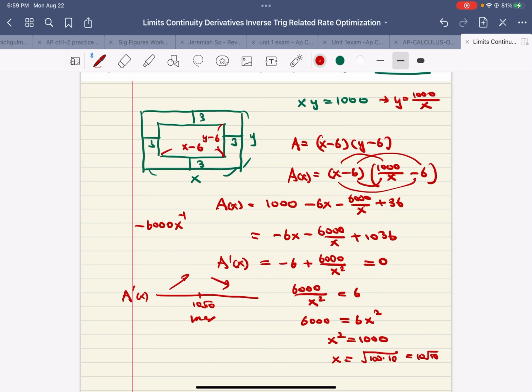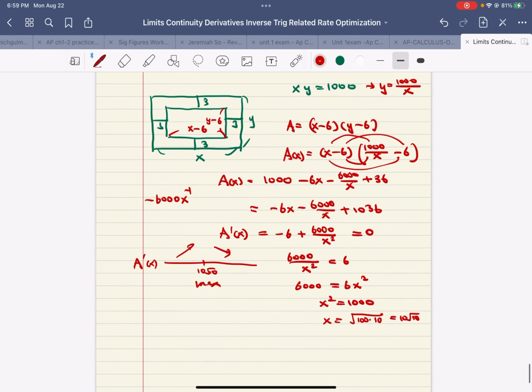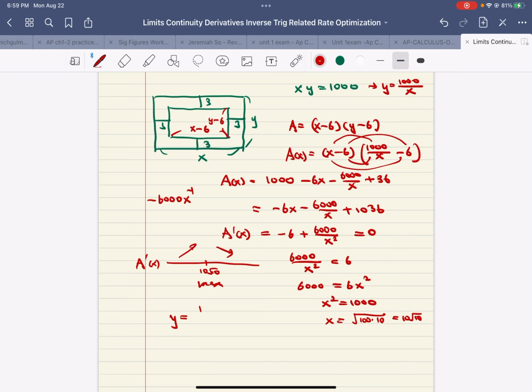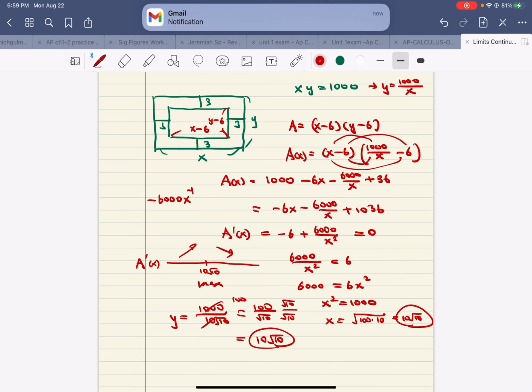So max. Now, to find out the y value, y is 1,000 over x. 10 root 10. So this one is 100. So 100 over root 10. And then when you rationalize, you multiply by root 10, so the denominator will be 10. So 10 root 10. So your dimensions x and y are also the same.